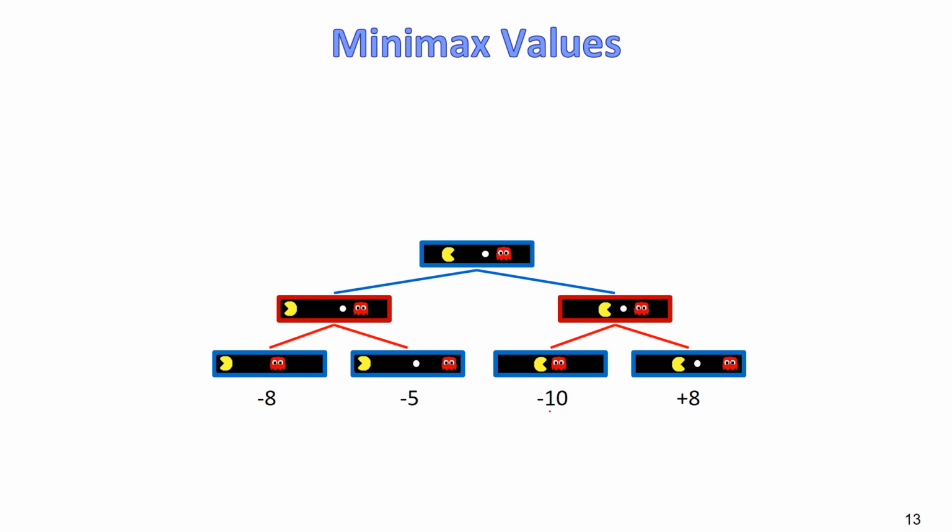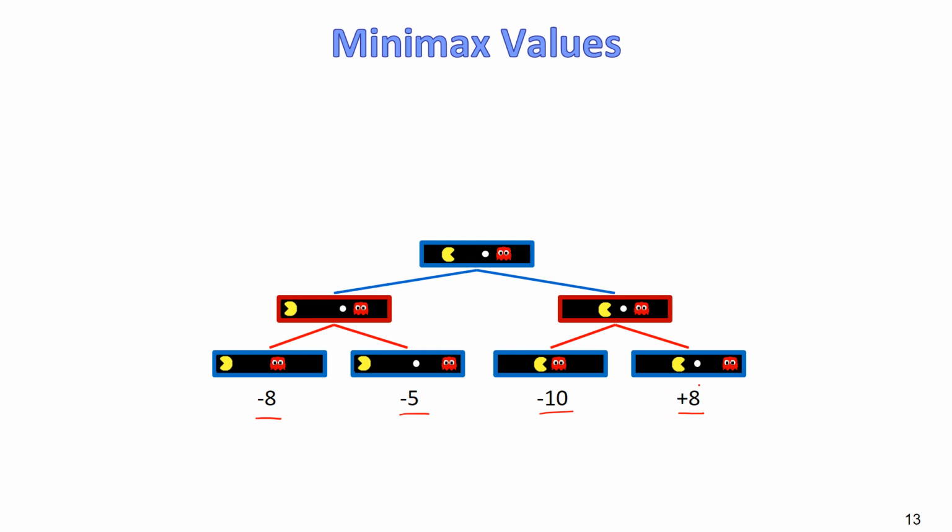Now, for this one, the terminals, of course, we know the values based on the rules of the game. So the value here is +8, -10, -5, -8. The best value, it seems like this is the best state that Pac-Man can reach, right? +8.